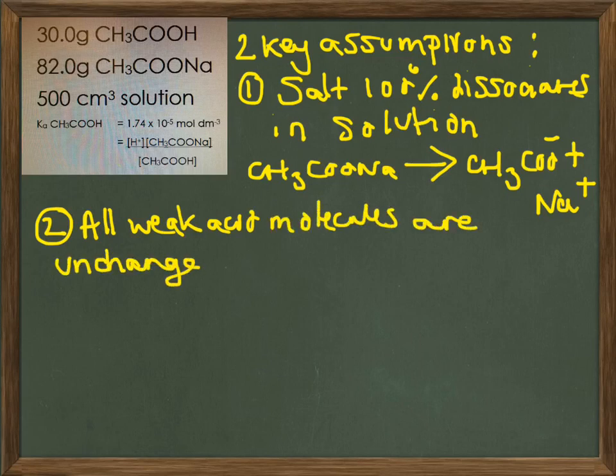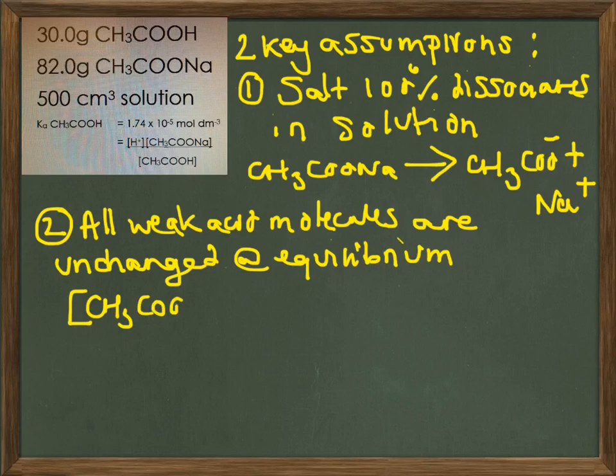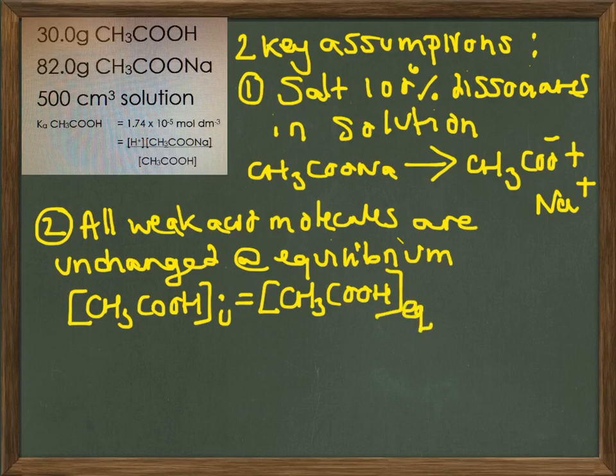And we should also assume that all our weak acid molecules don't dissociate, so they stay as CH3COOH. If you like, your initial concentration is the same as your equilibrium concentration of your weak acid.